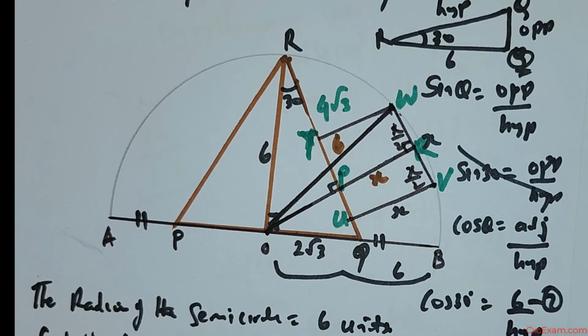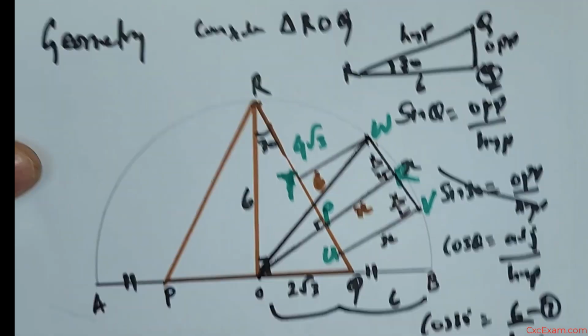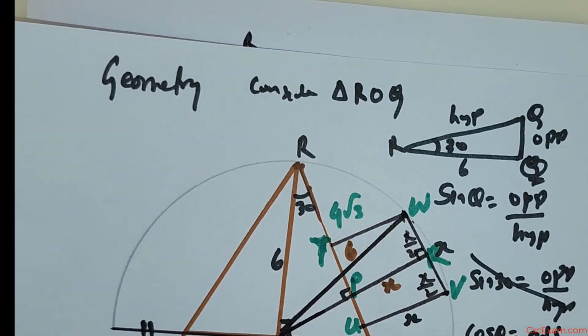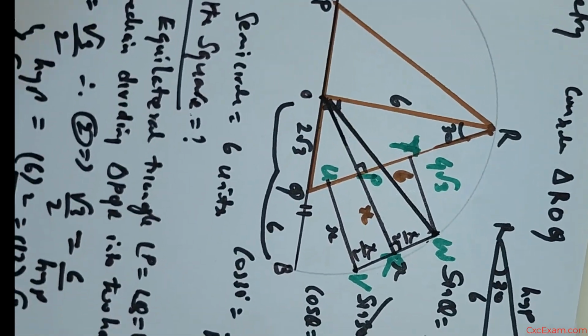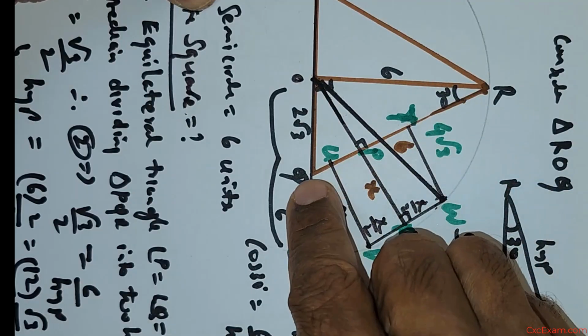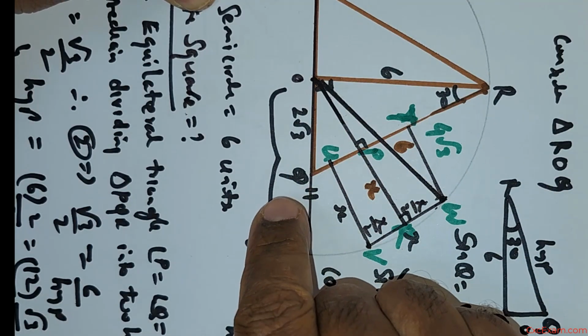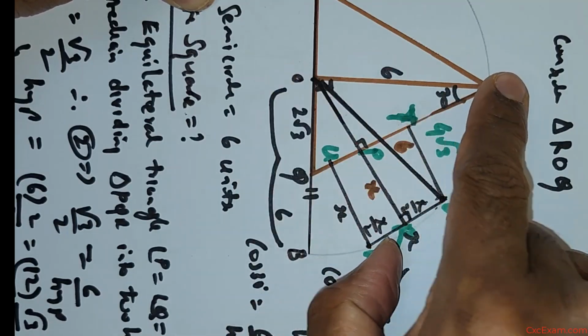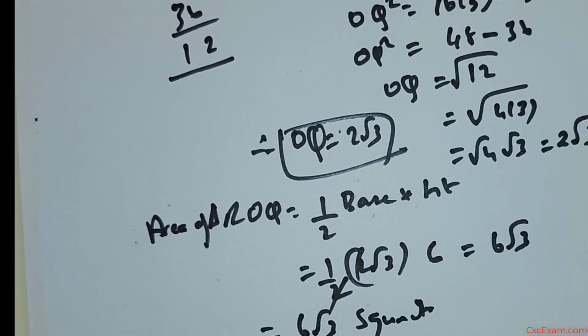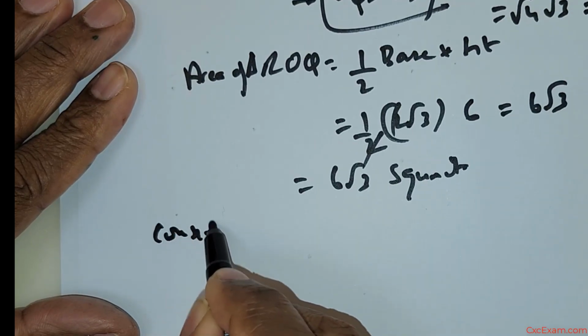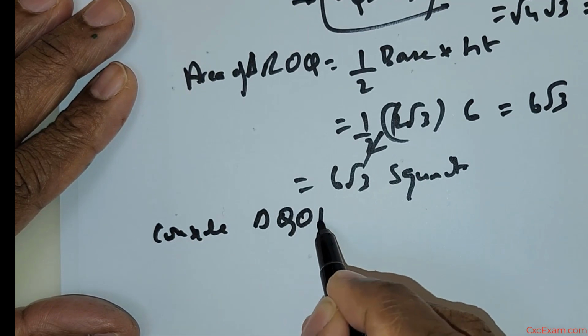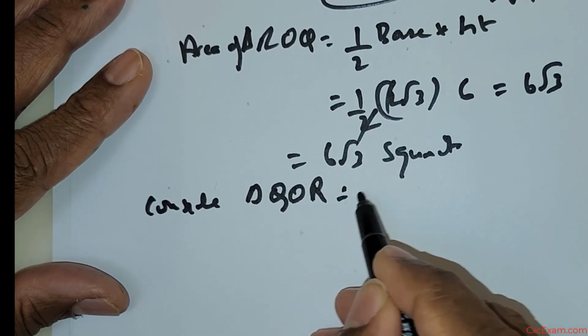So if I were to consider this triangle like this, base times height, I will consider QOR. That's exactly what I'm going to do. Consider triangle QOR.